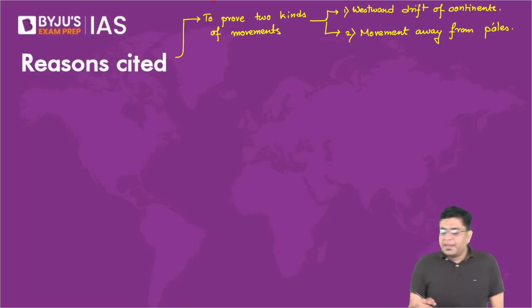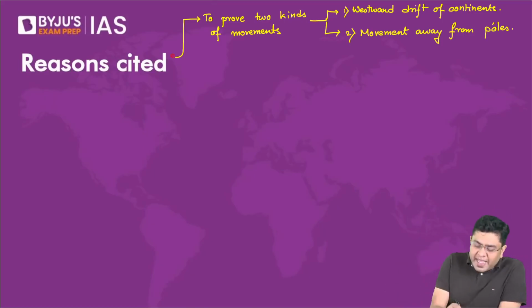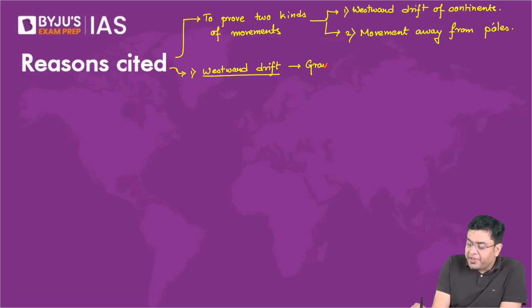For the first, that is the westward drift of continents, in order to prove westward drift, he provided the reason that it was done by the gravitational pull of the sun and moon, which he also referred to as the tidal force.